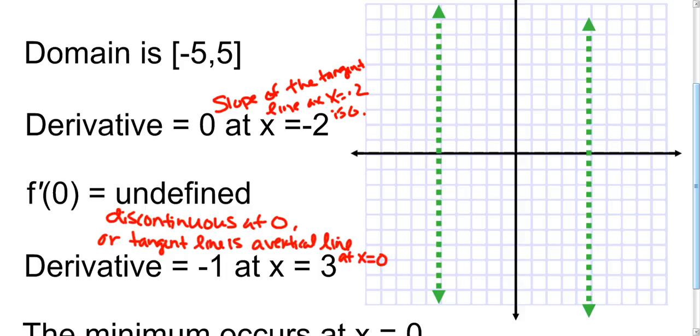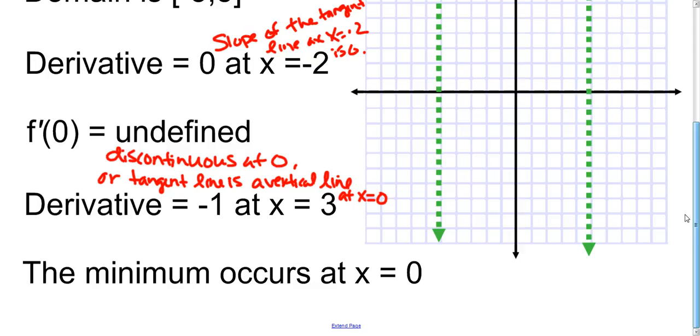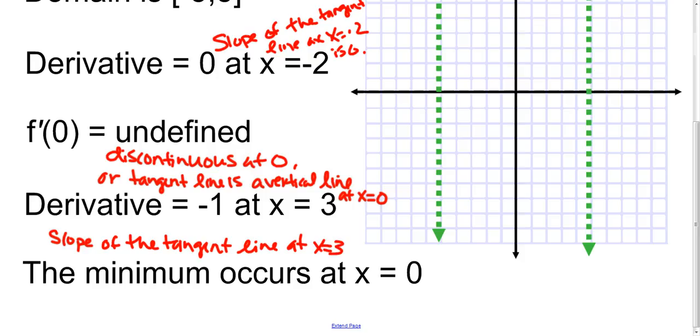Okay. The derivative is -1 at x equals 3. So that means that the slope of the tangent line at x equals 3 is -1.